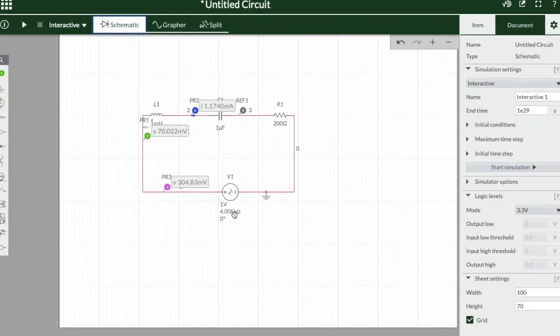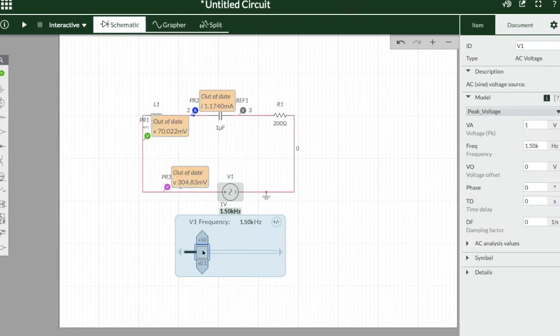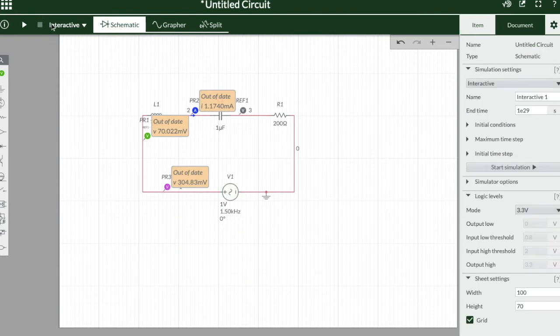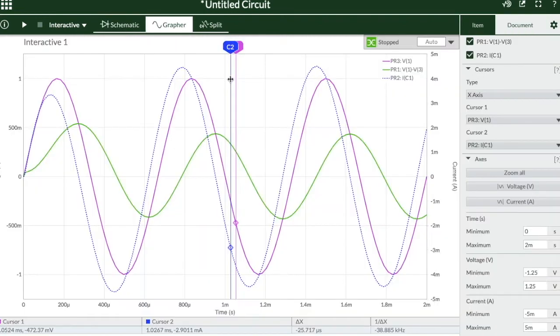Now we'll decrease the frequency to 1.5 kilohertz and run the simulation once again. Let's bring the cursors to the peak values once again.